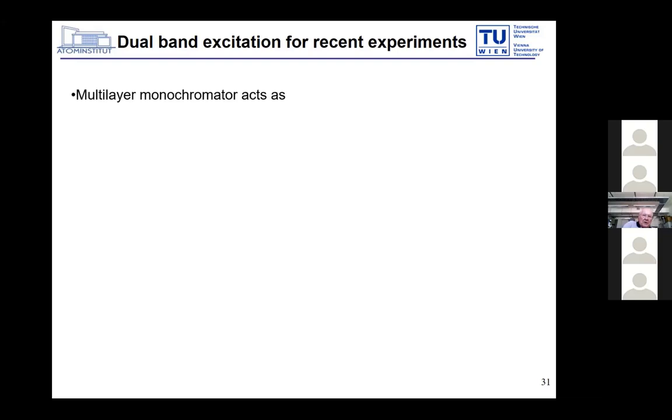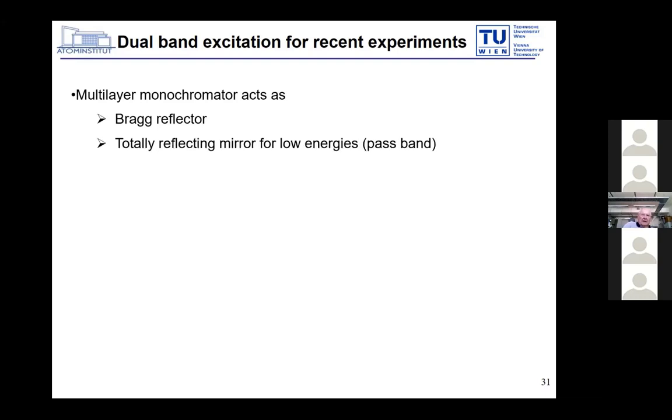It is creating, due to its lattice spacing 2D, a Bragg reflex, as a Bragg reflector. Because of its perfect flatness and high reflectivity, it is also acting as a low energy filter, letting the low energies pass, so we call it pass band.